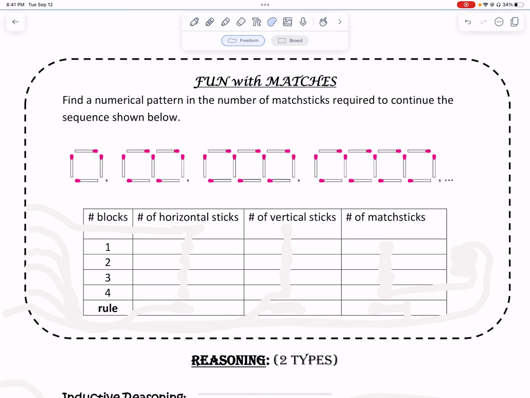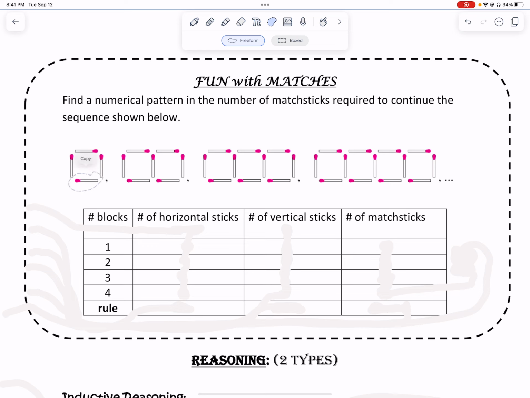But it's a little bit easier with sticks because of what the question is. I want to know the number of horizontal sticks. In other words, the horizontal, like the horizon at the beach, you're looking out at the horizon.